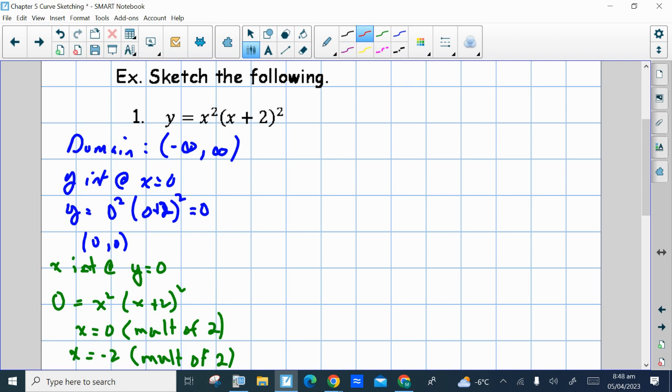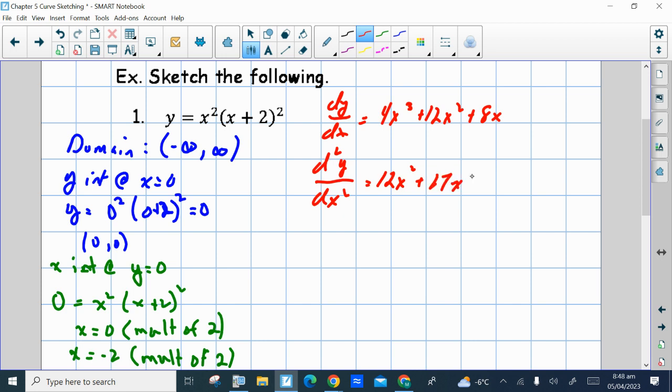And so what you would get for dy by dx, when it's multiplied, will be 4x cubed plus 12x squared plus 8x. So you're multiplying out the 3 factors so that now we can take the second derivative. So d squared y over dx squared would be 12x squared plus 24x plus 8.